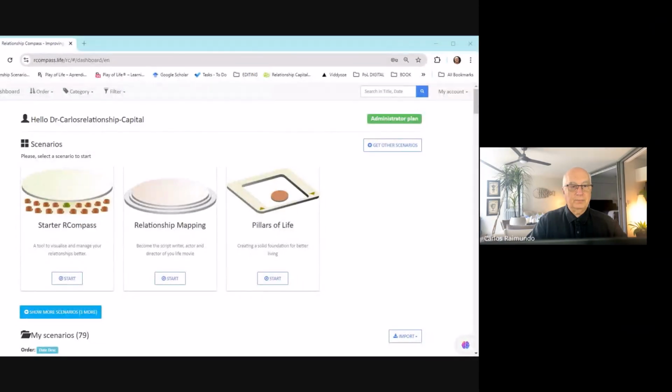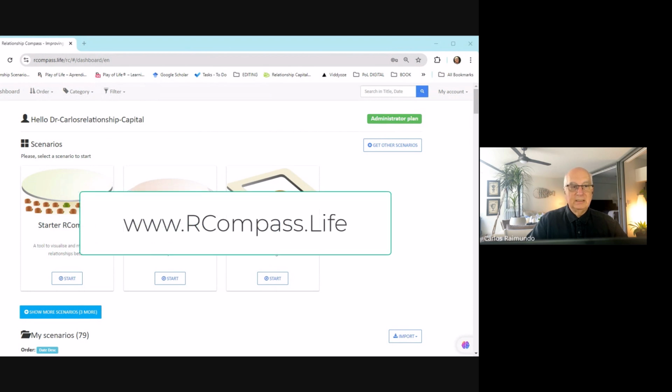So what I'm going to do is open the app, and I'm going to share the screen with you like this. To do the RCompass, you need to subscribe. At the moment it is free, so you subscribe to the professional setting, and then we go for it.